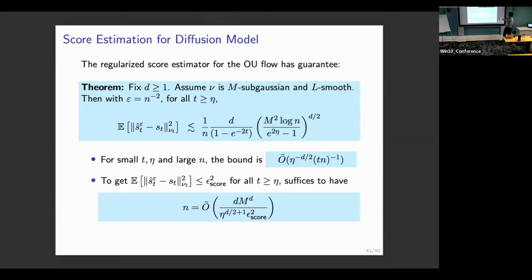This means that if we want to make this error less than epsilon for all t bigger than eta, then it suffices to have this many samples. This scales as 1 over epsilon squared, which is the desired error, but scales with this eta, 1 over eta to the d over 2 plus 1. Eta is the step size in the algorithm in the end.